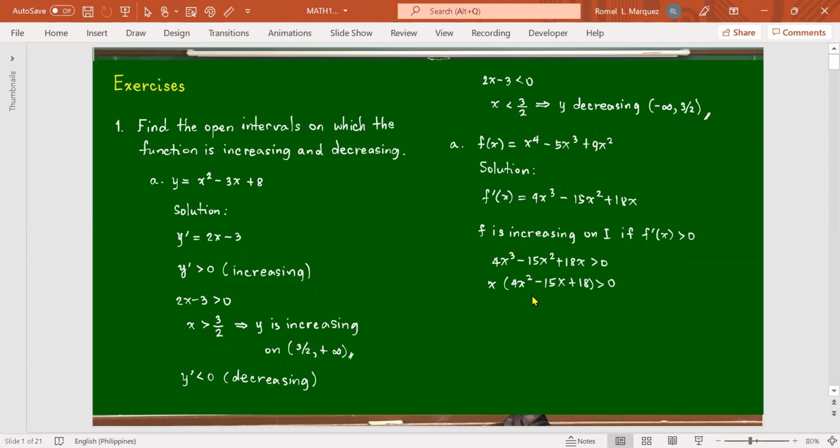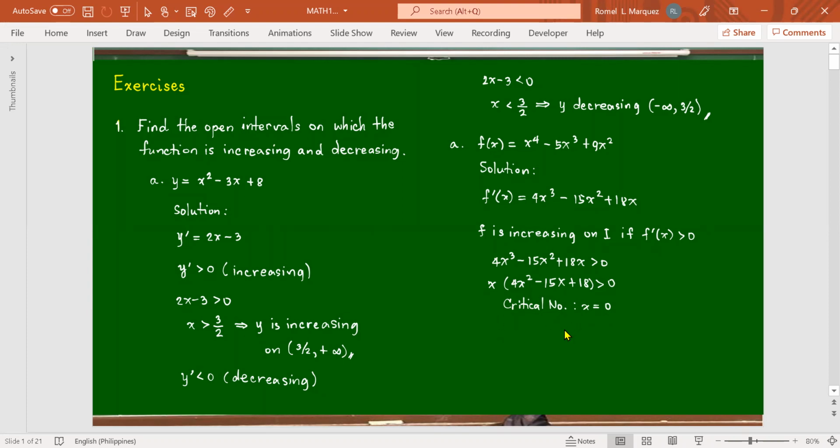So the only critical number for this inequality is what, guys? The only critical number is x equals 0. Now, we want to know where this f is increasing, decreasing.